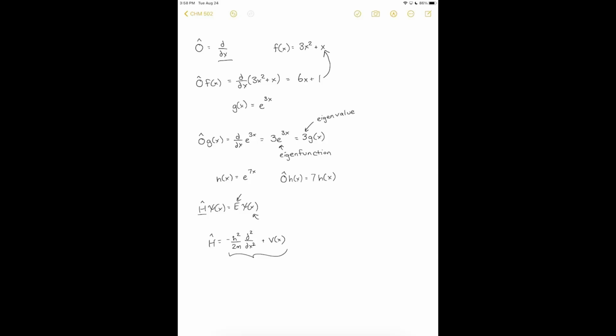So for example, if we were to take our Hamiltonian and adapt it to a three-dimensional system, and then use a Coulombic potential energy, and this would correspond to the location of an electron around a nucleus, we would solve that. The energy values we would get would tell us the energy values of that single electron orbiting the nucleus, and the functions we would get would tell us the wave function of that electron.